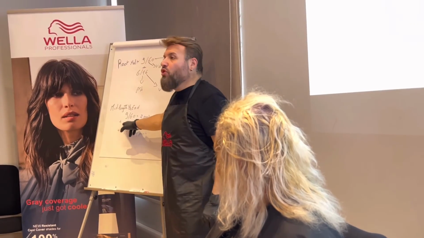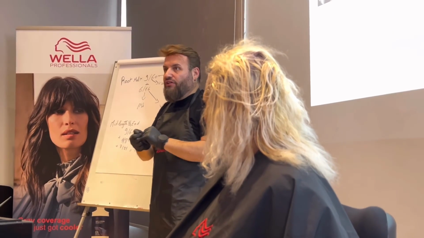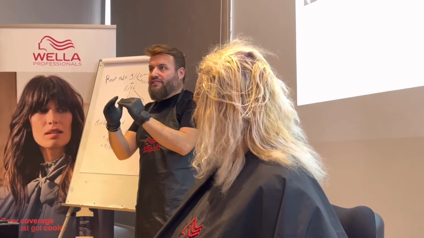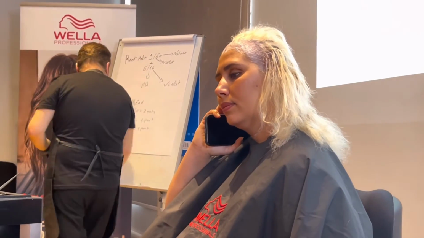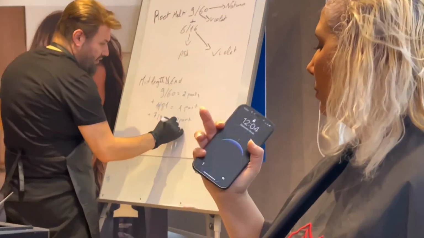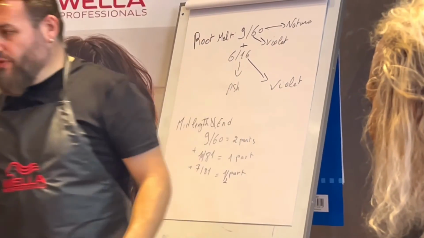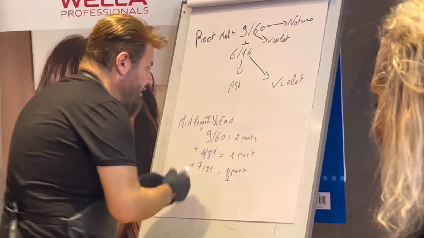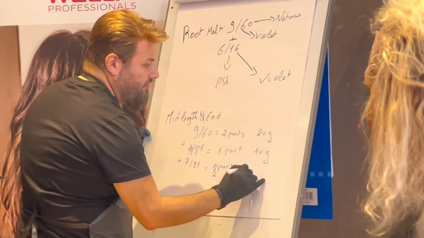Because there is no 9 in Illumina color, I will put a little bit from the 7 to achieve 981, let's say. Okay? So this one, it's a half part, it's not one part. Half. Okay? 20 gram, 10 gram, 5 gram.